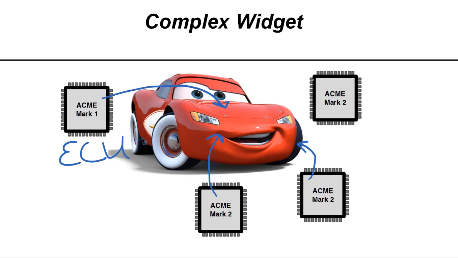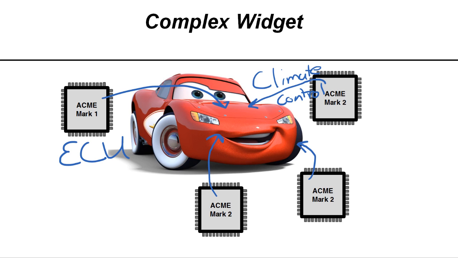We may have sensors on the dash, or just temperature sensors distributed through the cabin. We may have a whole Acme Mark II dedicated to climate control. And we'll say climate control, regulating the temperature of the cabin.